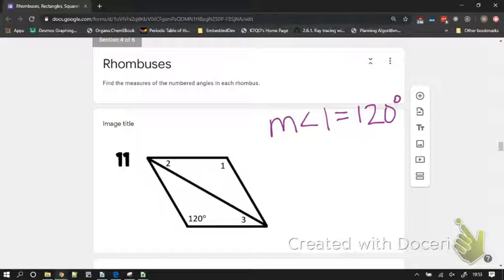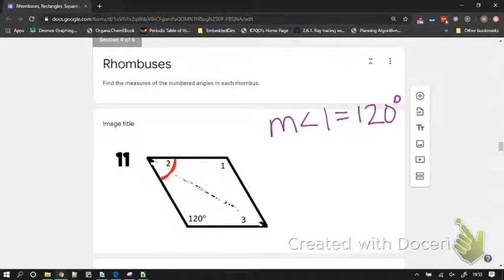All right. Now, for just a moment, imagine that that diagonal is not drawn in. So we're just going to erase the diagonal temporarily. Act like it's not there in those corners. If we do that, then we should know that consecutive angles in a parallelogram are supplementary, which means that this angle up here, the whole angle, if I take out the diagonal, is supplementary to this angle down here.